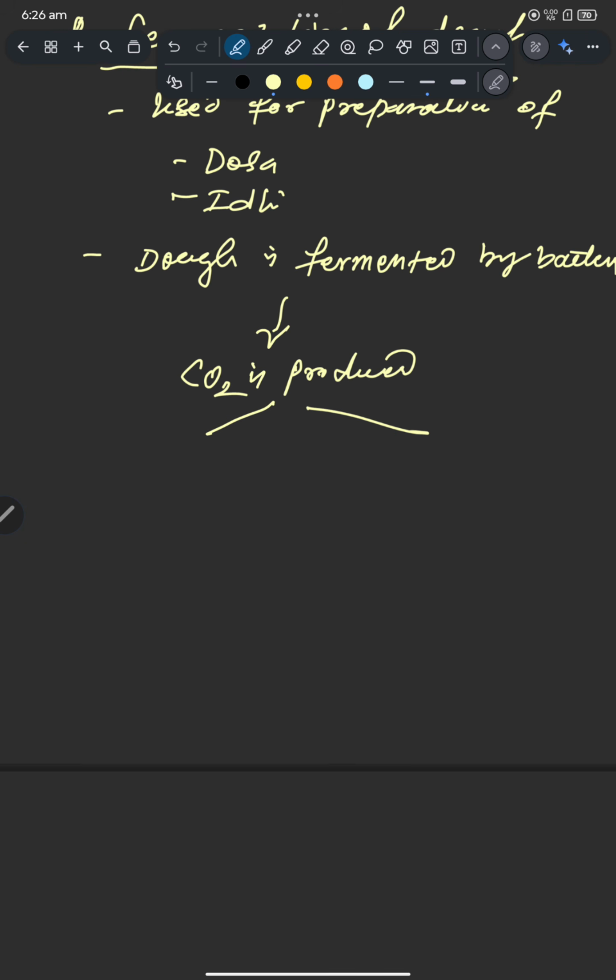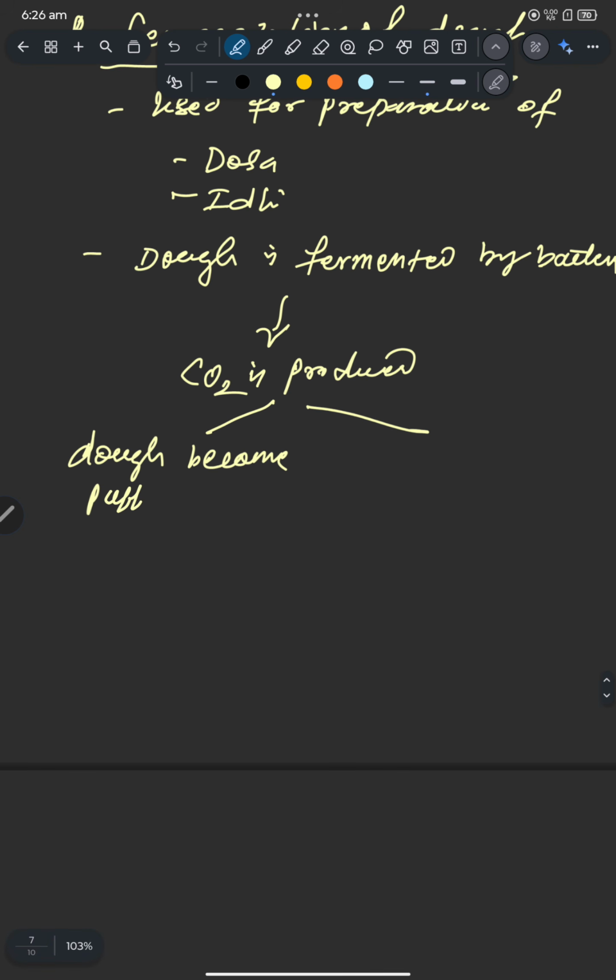Because of this production of carbon dioxide, two functions are accomplished, that is, the dough becomes puffed up, and the texture becomes soft and spongy.